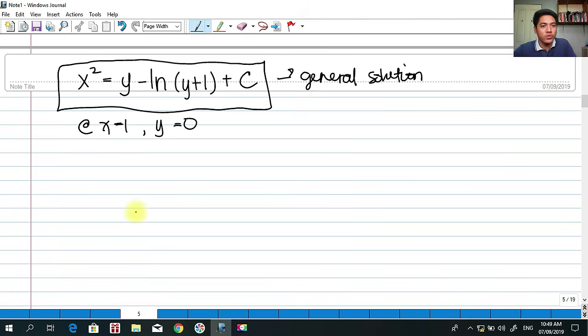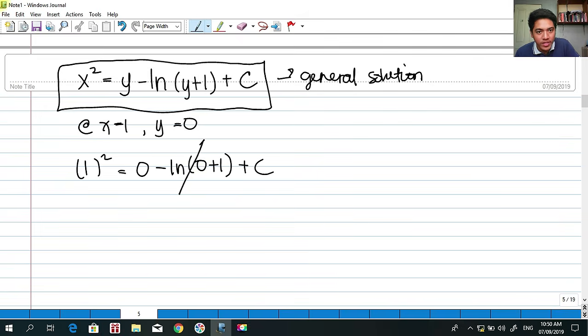So what are we going to do? Simply substitute. We have 1 squared equals 0 minus ln of 0 plus 1, plus c. As you can see here, ln of 1 is simply 0 also. So in other words, 0 minus 0 plus c, then c is equal to 1, because 1 squared is equal to 1.